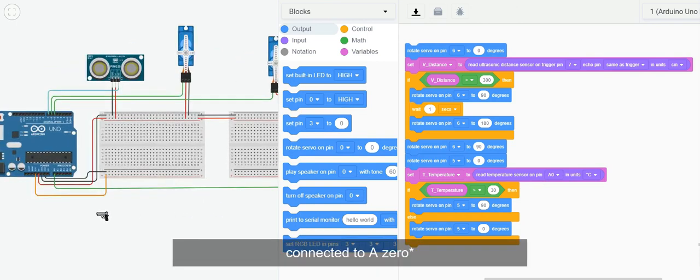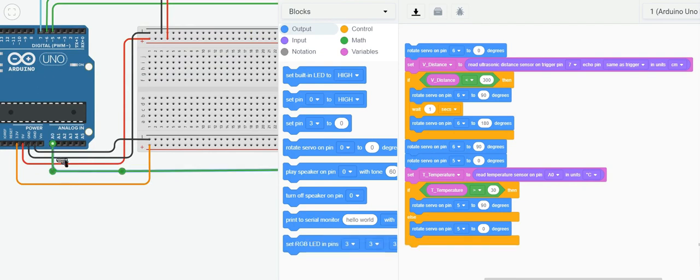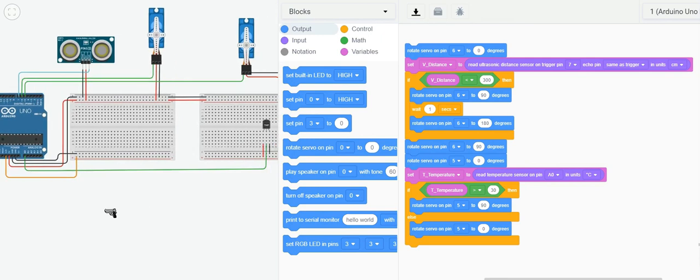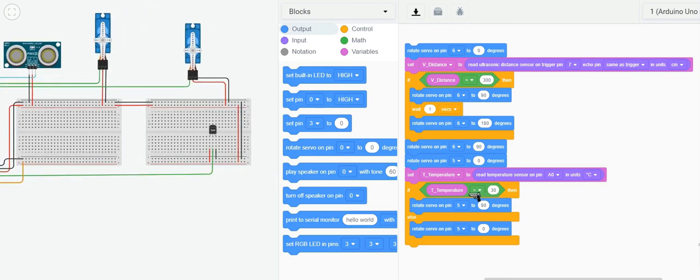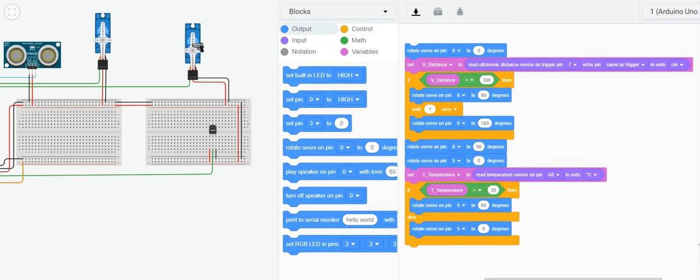If the temperature is upper than 30 degrees, then the servo will rotate, indicating the window is closing. The else is for when the temperature is lower than 30 degrees Celsius, and the servo on pin 5 will rotate to its original position.